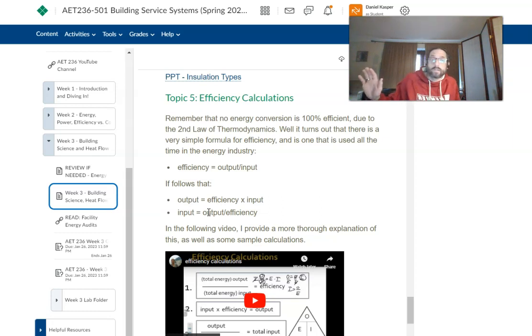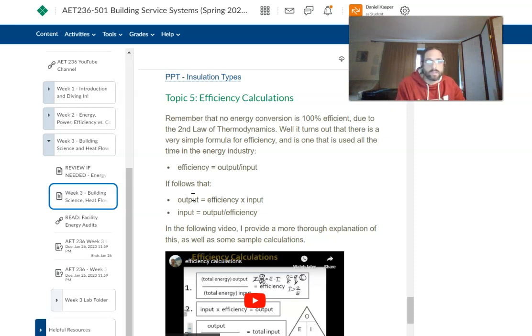You'll do a part of this for your lab this week, but you can calculate the heat loss through all of the various surfaces in a building over the course of a year, and then you figure out how much energy you lost and need to replace, in this case with the furnace. By using your efficiency calculations, you can figure out: okay, I lose this much, and because my furnace is less than 100% efficient, I have to add this much energy back through my furnace.